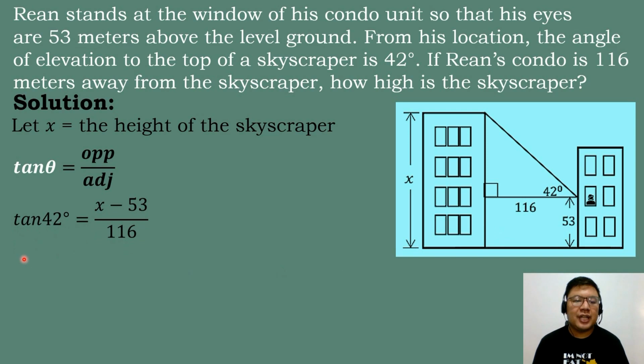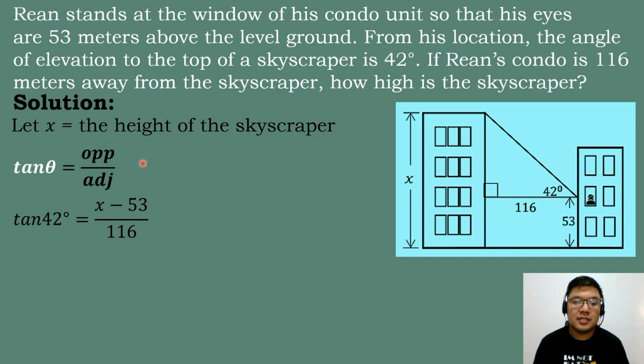So we have tangent 42 degrees equals the value of the opposite side. The value of the opposite side is x minus 53. Since this side is 53 meters, and if the whole is x, to get the length of this side we subtract 53.